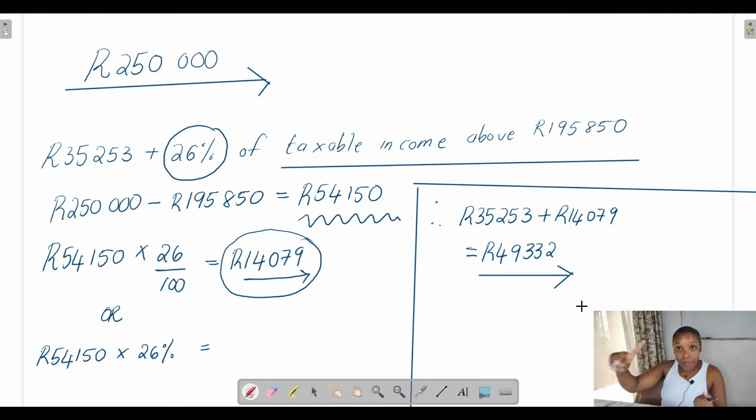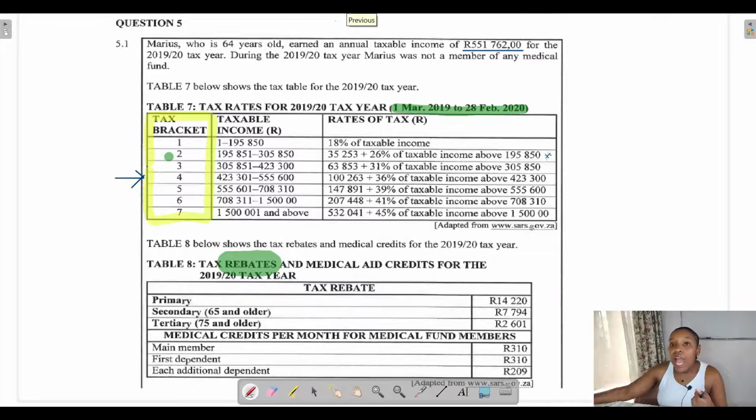And that term rebates is very important for this question, because it will tell us something very important that we need to do before we finalize our calculation, right? So let's see how much tax Marius will pay for the 2019 to 2020 financial year, because we've already calculated that he falls within the fourth tax bracket.